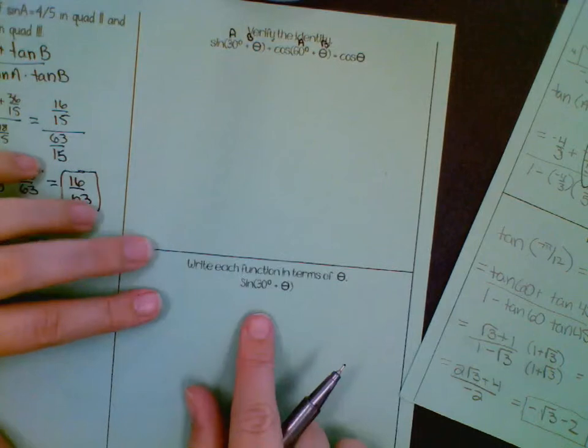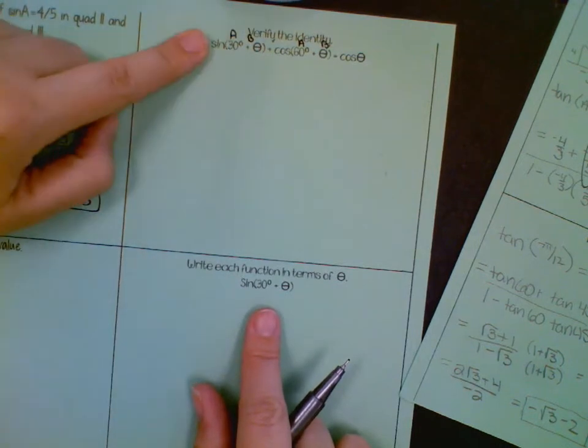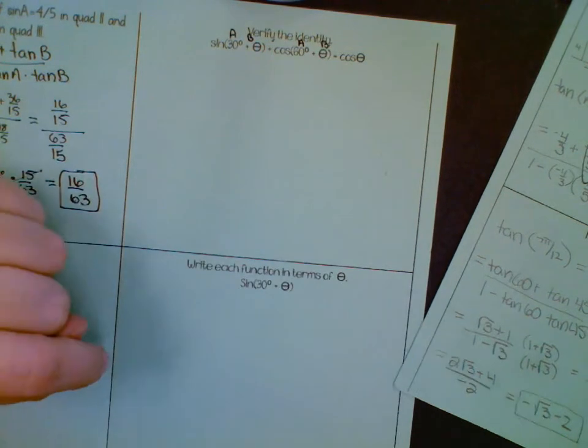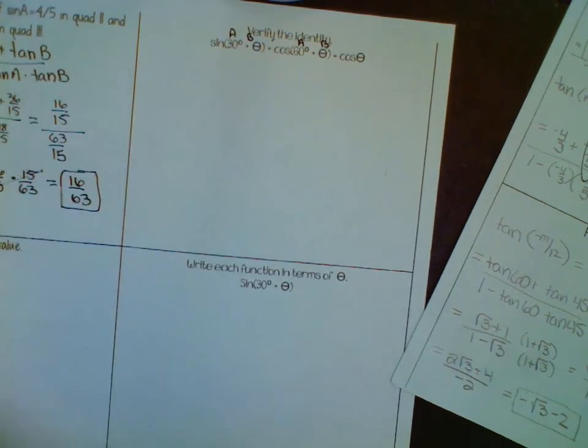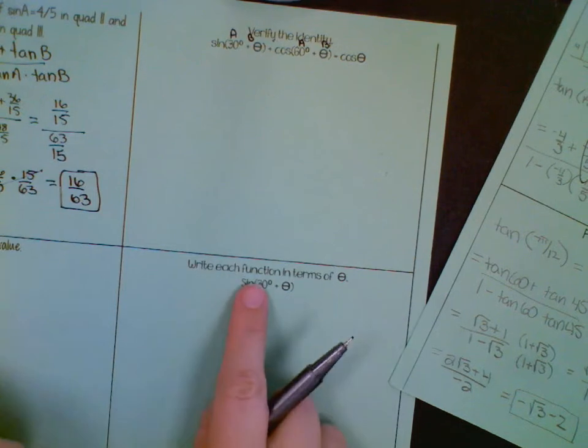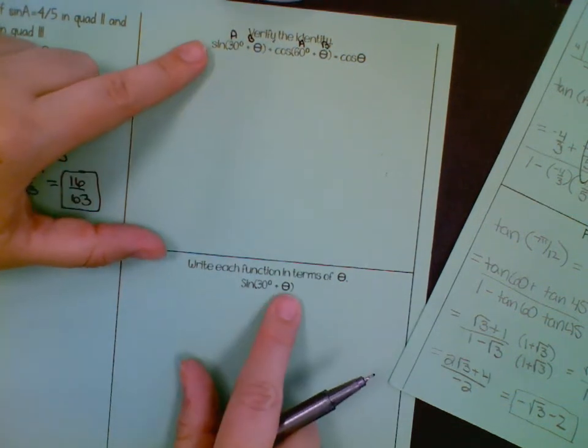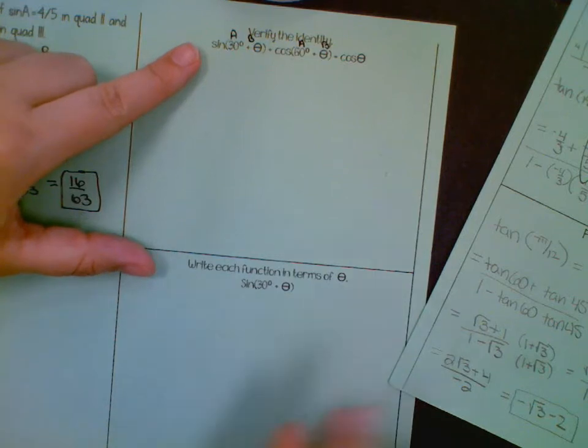And then for the bottom, we did one like this. So basically, you're just doing what we did here. Oh, that's the exact same problem. So go ahead and pause and try it. Maybe do this one first so you know what you're doing for up there. So write this in terms of theta. So apply your formula.